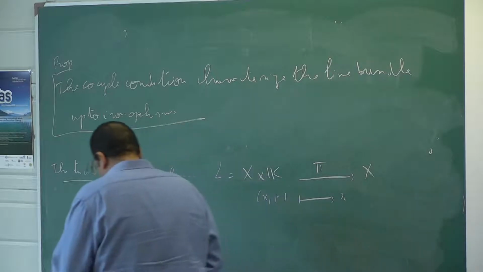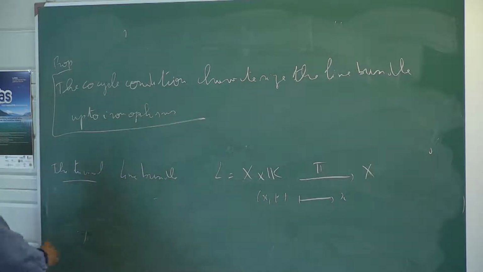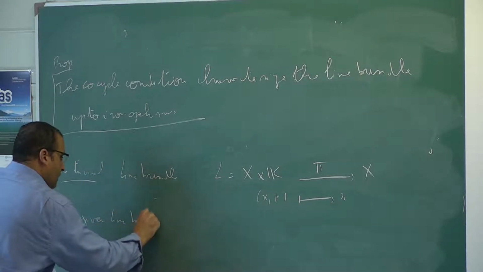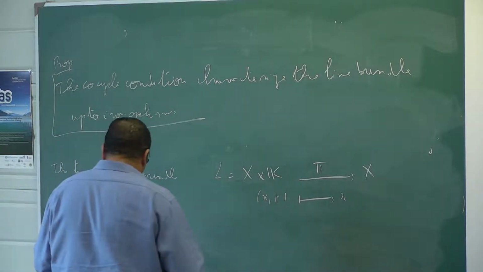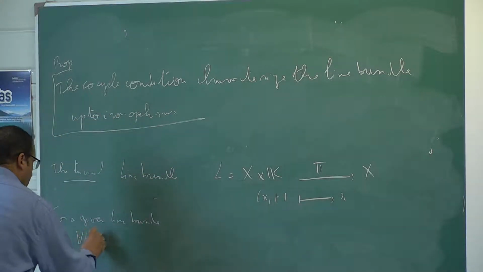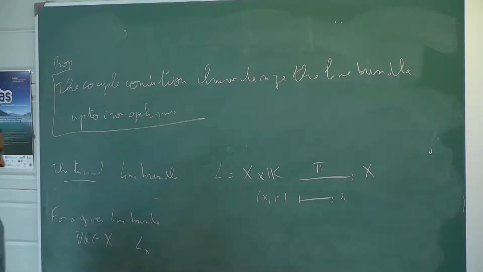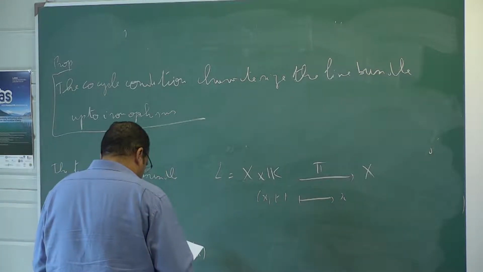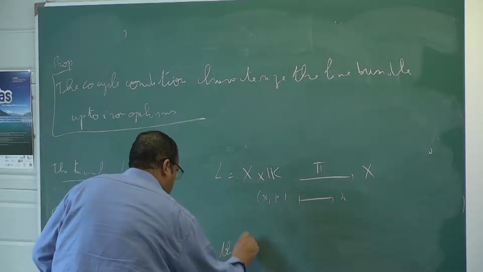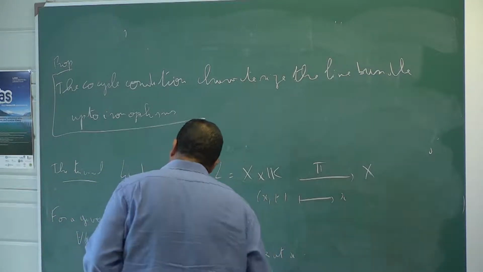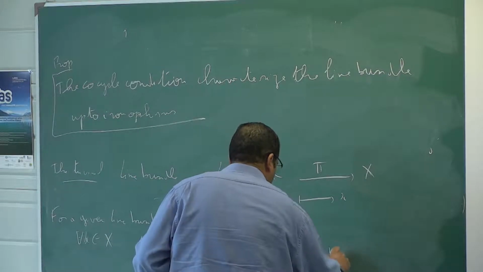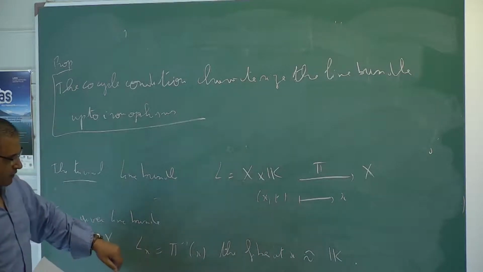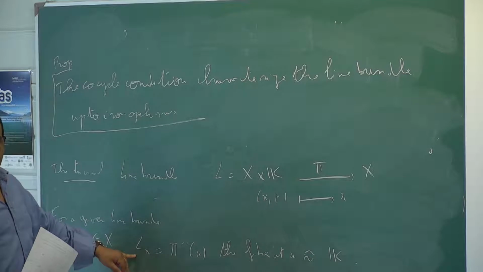This is the trivial line bundle, and now for a given line bundle, we define, for any x in X, L_x as the fiber at x, and as you can see, this is isomorphic to K, and it has a structure of K vector space of dimension 1, which is canonical.